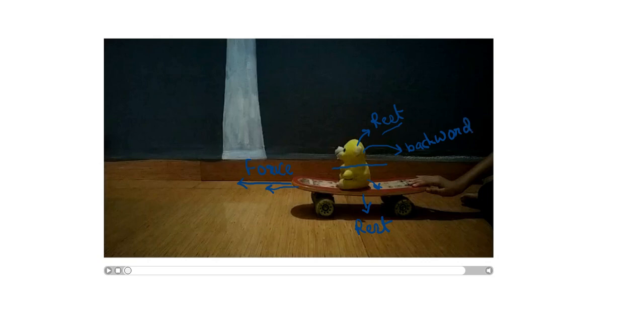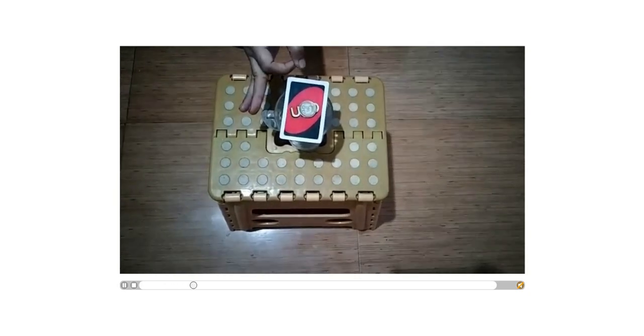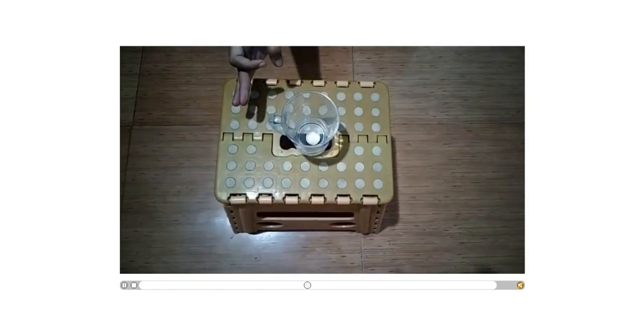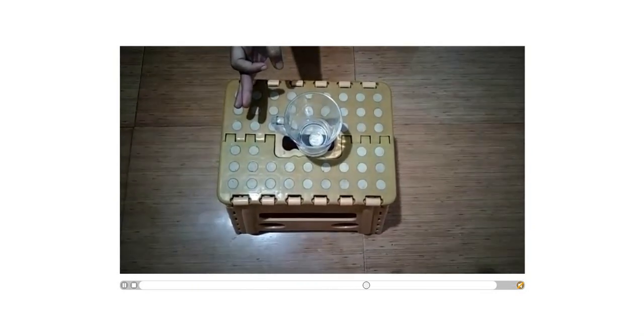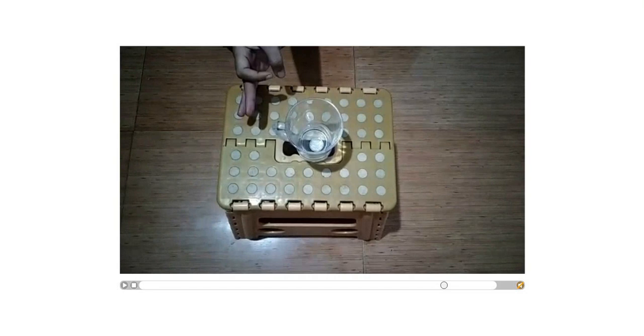Okay. In this activity, when we apply force on a card, the coin will fall down inside the glass and will not move with the card. Why? Let us understand.